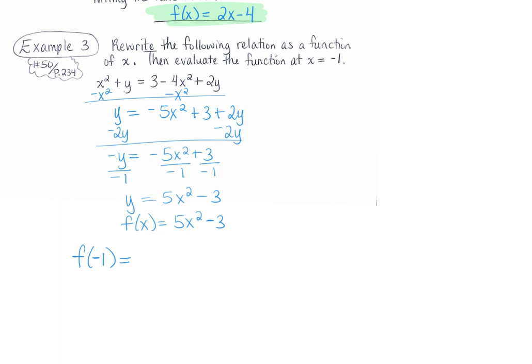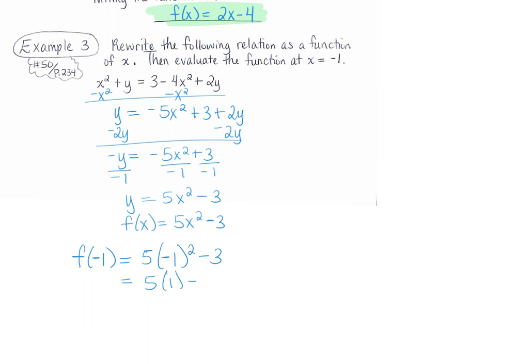What are you all getting? 2. Very good. You should get 2. So, substituting negative 1 in, we have 5 times negative 1 squared minus 3. What is negative 1 quantity squared? 1.